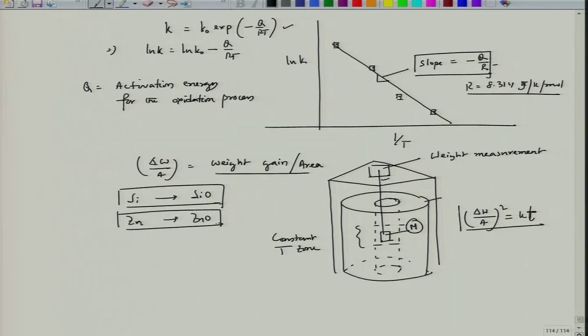So this will be a straight line. If it is a straight line, then of course it is a parabolic rate law, and then you can get the information. In all these cases we are seeing weight gain, but for silicon oxide, if it forms, it should not be weight gain, rather it should be weight loss. So, this is about the kinetics of the oxidation.